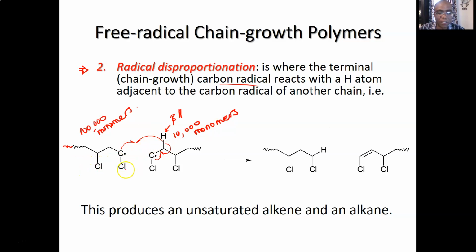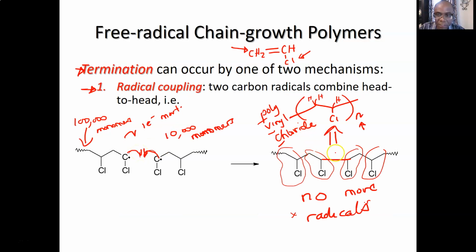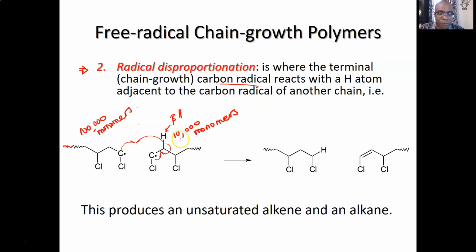So these two are polymeric radicals, but instead of clicking these two electrons together to make a bond like we did on the other one, we are going to do beta elimination. This looks like some type of E2 reaction, actually not E2, I think an E1 reaction.